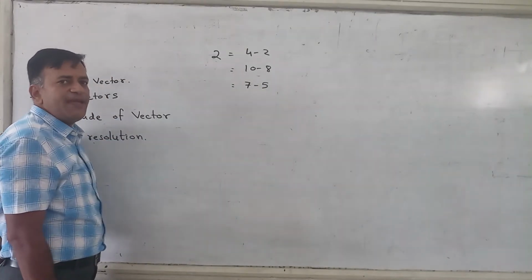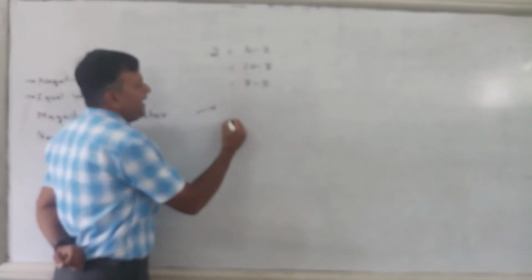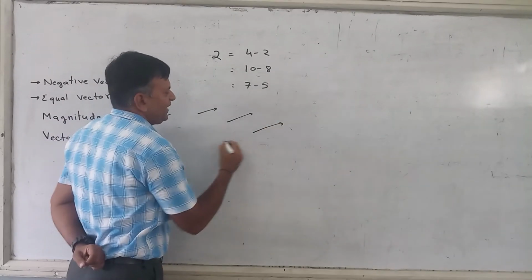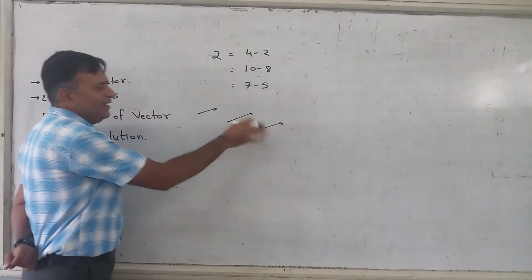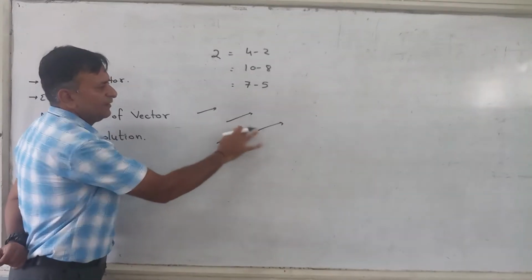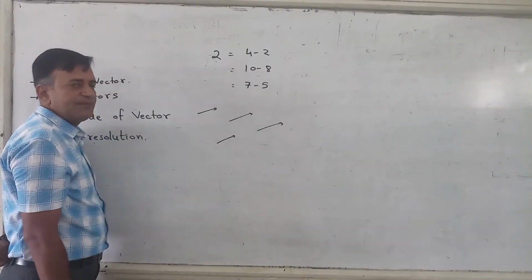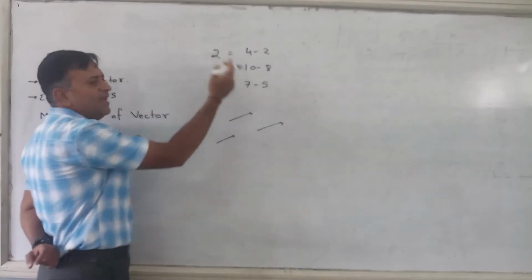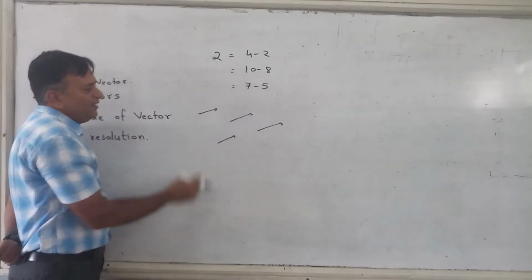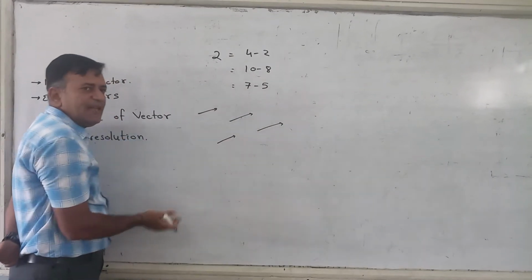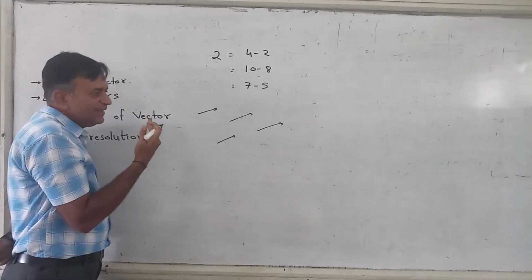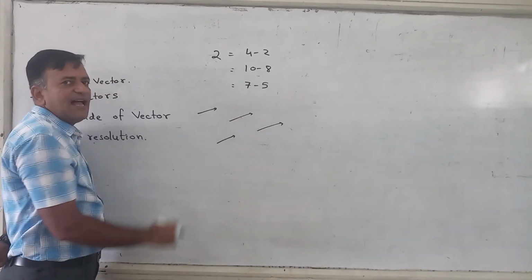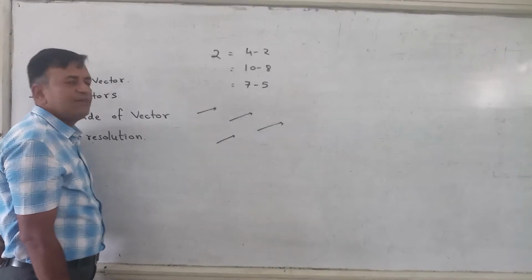In the same way, this vector, this vector, this vector, this vector, they are all equal vectors. Just like this gives you the same number, they have same length, same direction. So all these vectors are equal vectors.